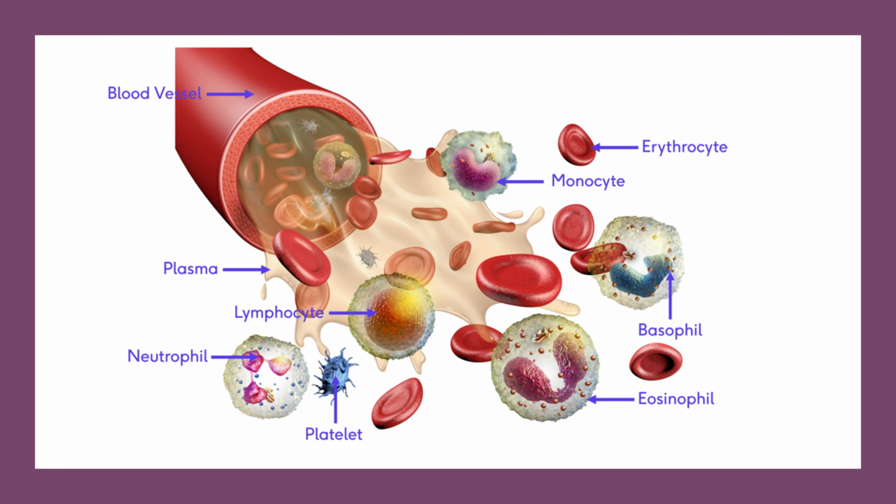Here you can see how the blood vessel is. I like this picture because you can see so prettily the red blood cells and the white cells, how it's divided, and the plasma, the platelets, and here how the white cells are.